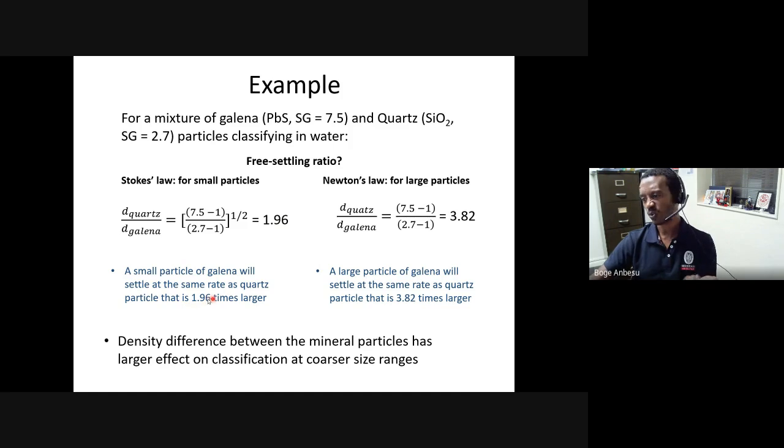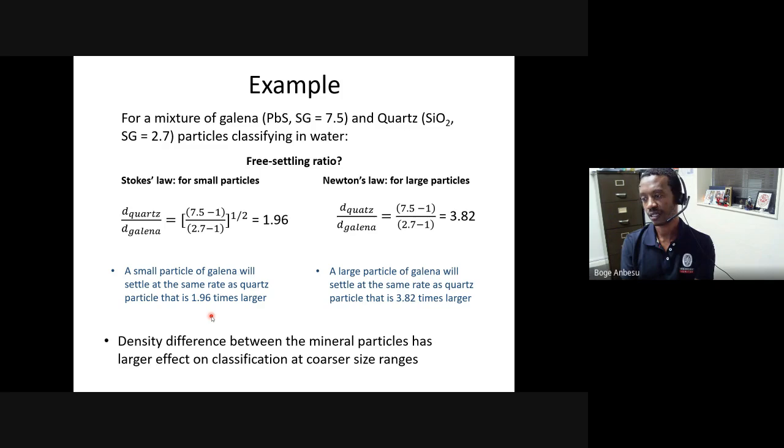So in this case, almost 2 times larger. So if I have 100 micron galena, it falls at the same rate as 200 micron quartz. Okay. Although the quartz is double the size of the galena, it doesn't necessarily mean it settles faster.